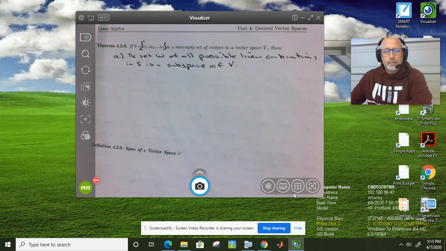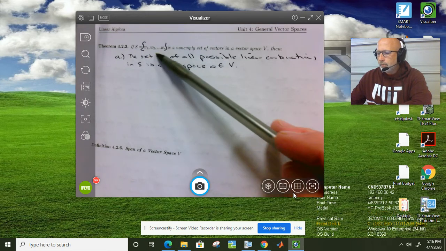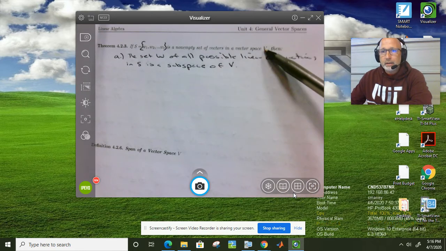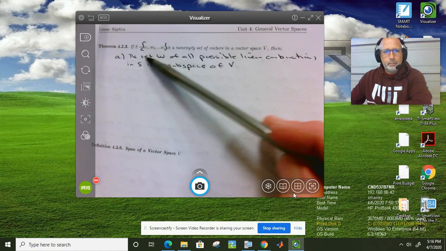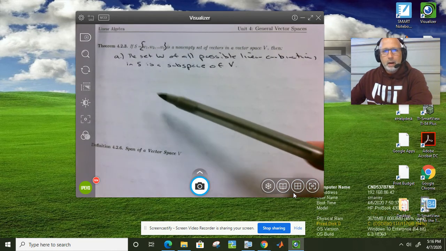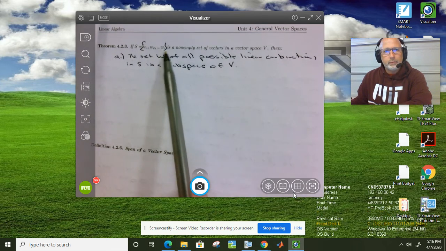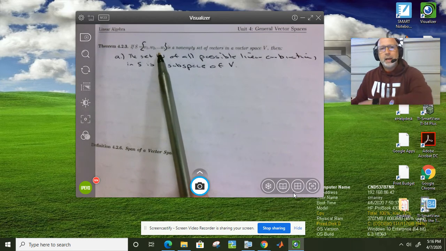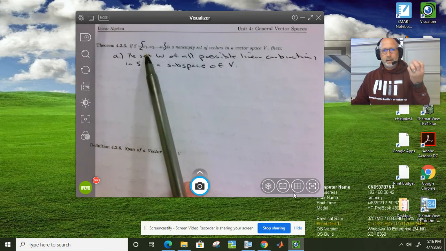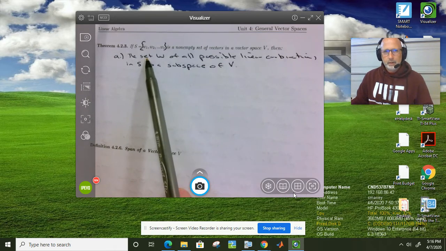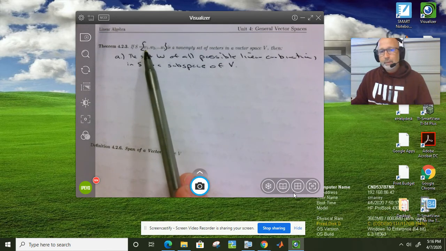Okay, so let's dissect that a minute. We have S, which is the set of W1 through WR. It's a set of vectors in a vector space V. Now, if you take any linear combination of these elements, W1, W2, all the way up to WR, and call that set W, then that will be a subspace of V. For example, W1 is a linear combination of that set.